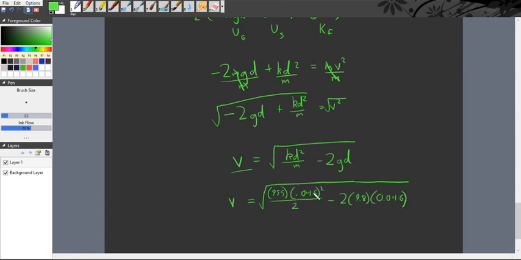You know what? We'd be in a lot of trouble if this term here was bigger than this term here, because then we'd have a square root of a negative number. This goes back to the idea that in order to get to that original height, if your gravitational potential energy is too high, it's really not going to work. Solving that out, we get v is equal to 0.32 meters per second.